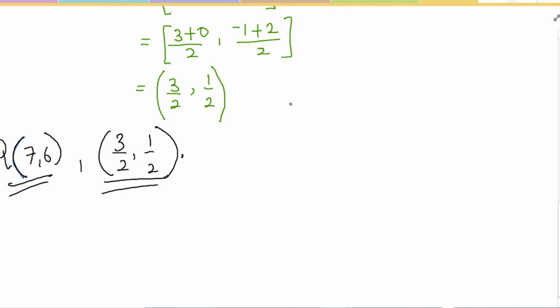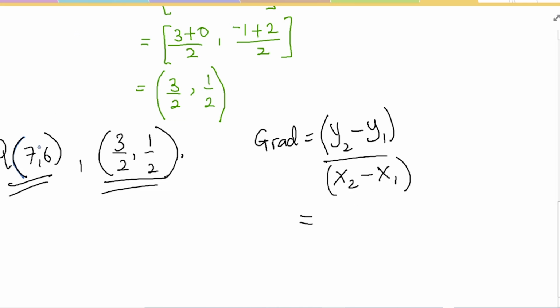We shall begin by finding the gradient of that line. The gradient is given by y2 minus y1 over x2 minus x1. Let's label these: this is x1, y1, x2, y2.